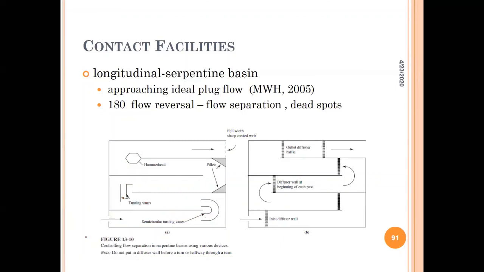To avoid this mixing, the designer sometimes provides some structure, semicircular turning vanes, which help water go without much mixing. Or they provide turning vanes, or a hammerhead, and water turns without much mixing.